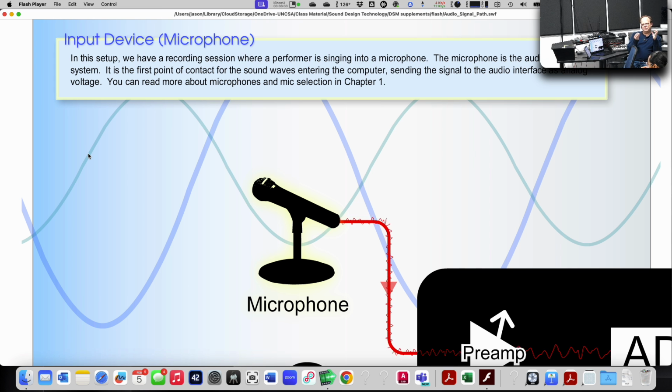In this case, it's converting acoustical energy into electrical energy. So it's taking that acoustic sound wave of air pressure amplitude changes and encoding it into an electrical audio signal. And that's represented by the red line that's jumping around as it comes out of the mic.